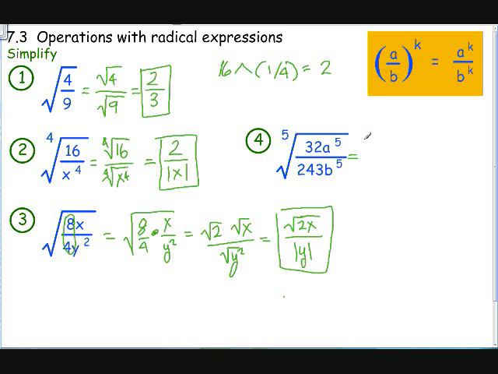So we've got the fifth root, and every time I write this, I've got to put this 5 in here.